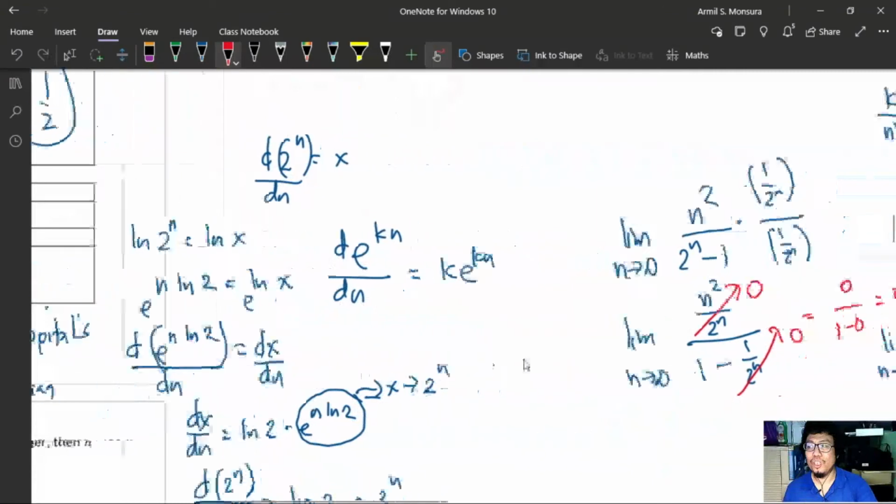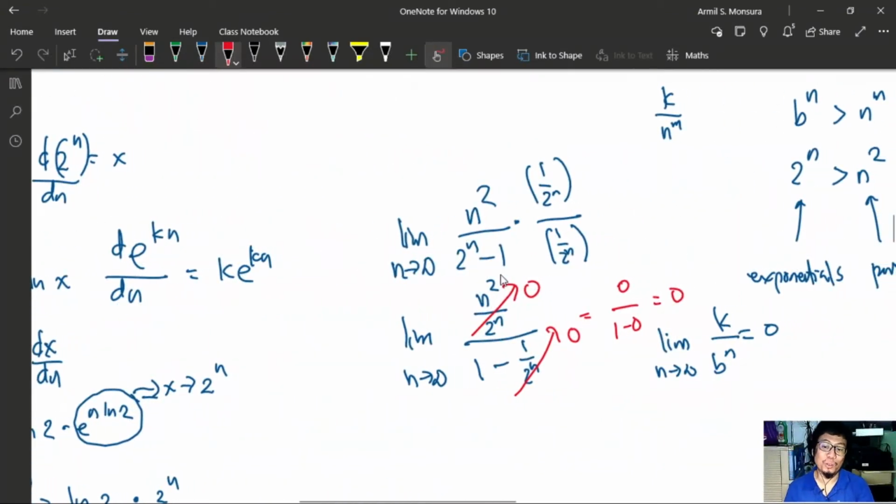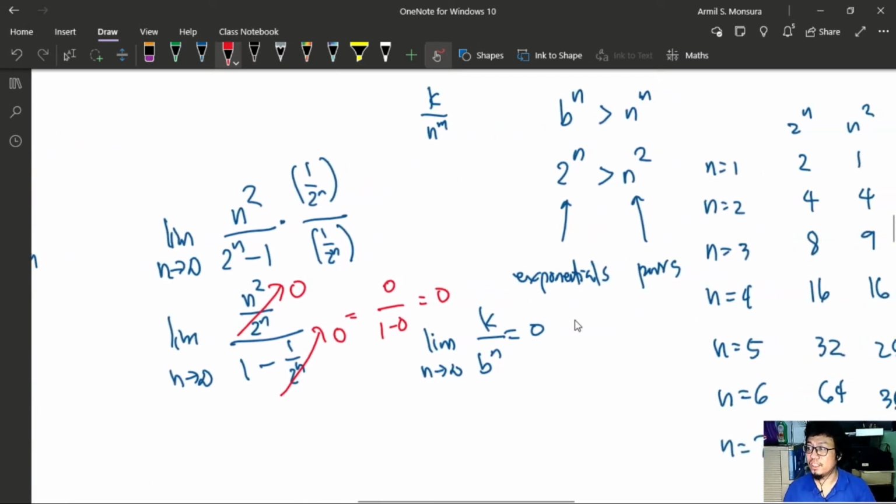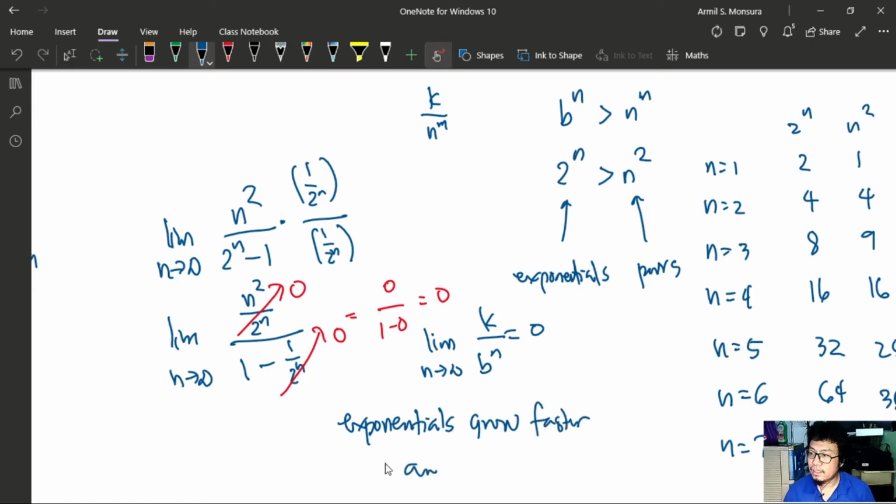So this shows you an algebraic method of doing this instead of going to L'Hopital's rule. Again, if you have something like this, remember that exponentials grow faster than powers.